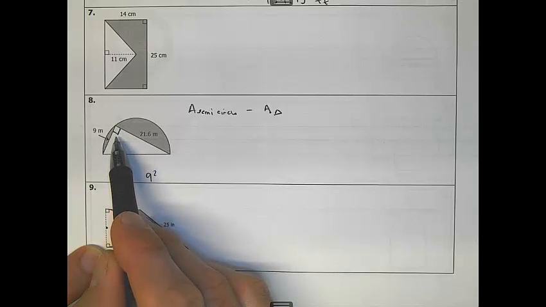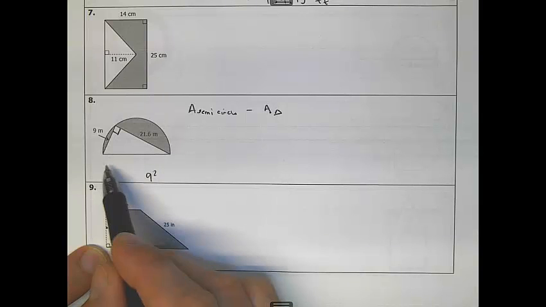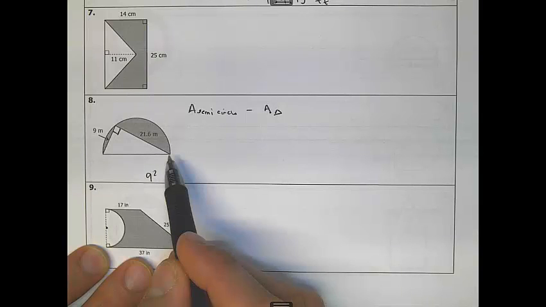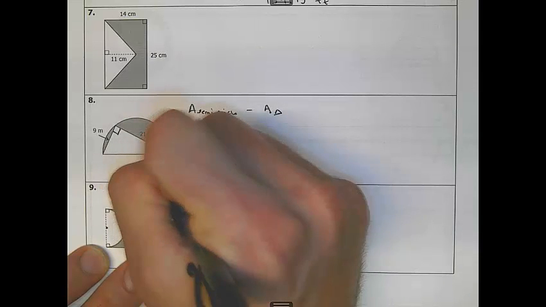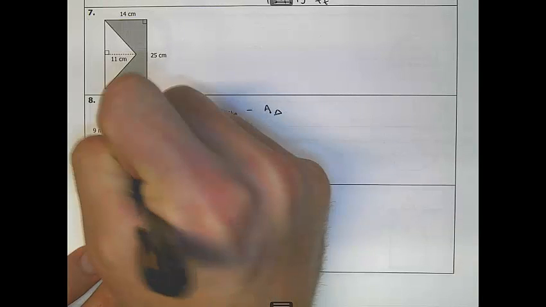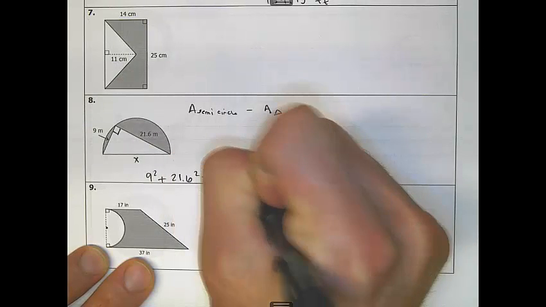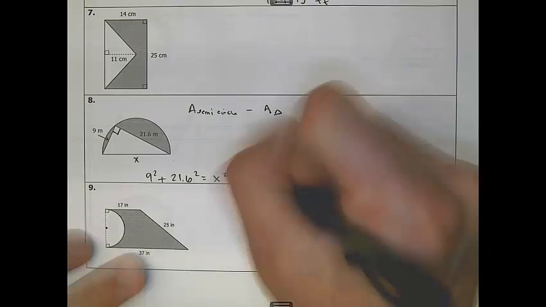It's half of its inscribed arc, which is 180. All right, so 9 squared plus 21.6 squared equals, I'll call this x squared. And you guys all know how to solve that for x, which gives you 23.4.